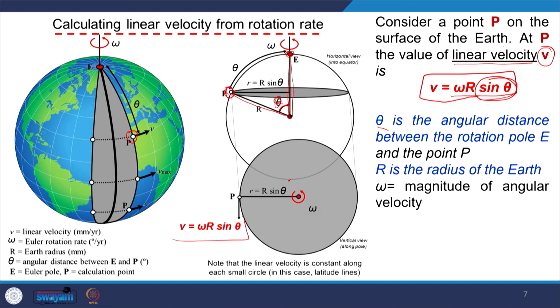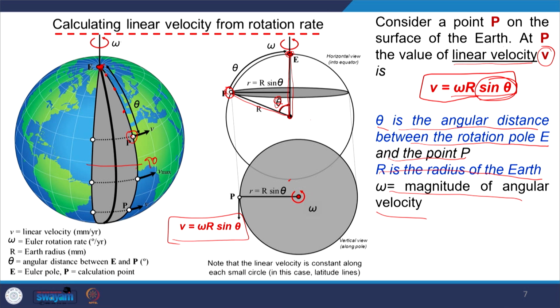So, V equals omega r sin theta, where theta is the angular distance between this rotational pole E and this point P, r is the radius of this earth, and omega is the magnitude of this velocity. Here theta equals 0, here theta equals 90 degrees. Any point in between, for example this P, theta will be somehow 60 degrees, here 30 degrees, here 20 degrees, 10 degrees, and 90 degrees here.